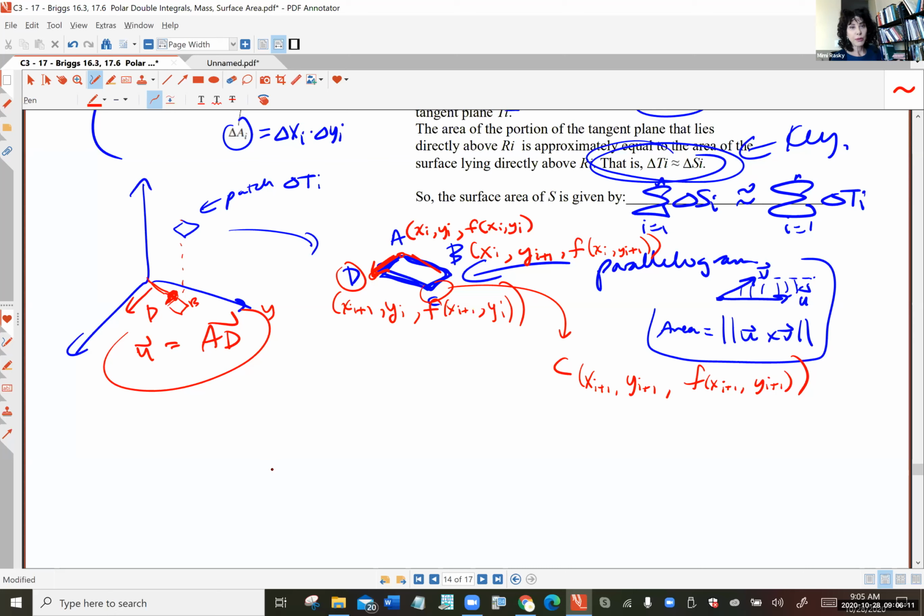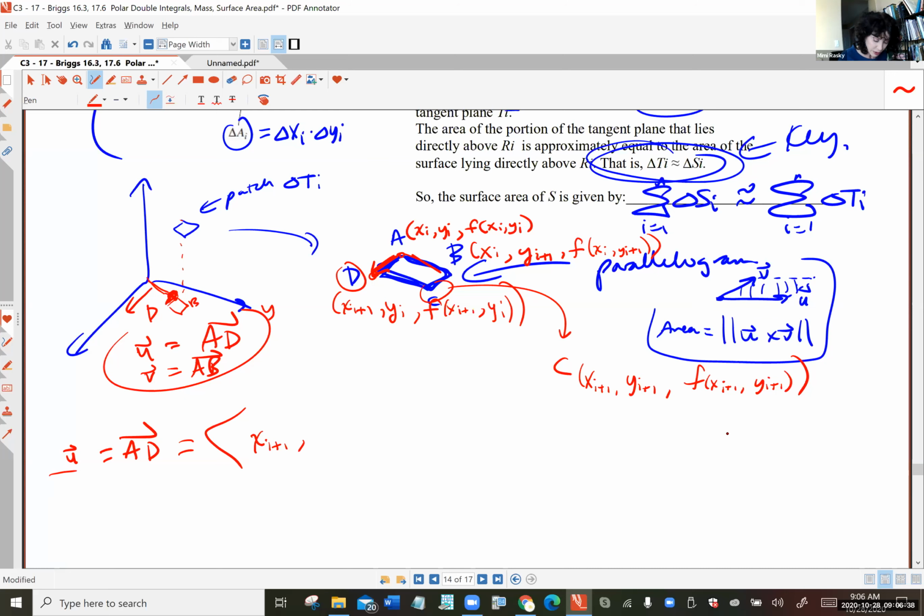We're going to go terminal minus initial 3 times. So for the vector, you're going to take the difference of the x's, x sub I plus 1 minus x sub I, comma, then you'll take the difference of the y coordinates, terminal minus initial, and then you'll take the difference of the z coordinates.